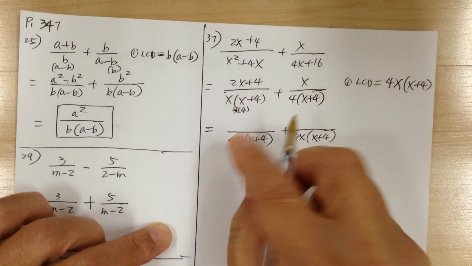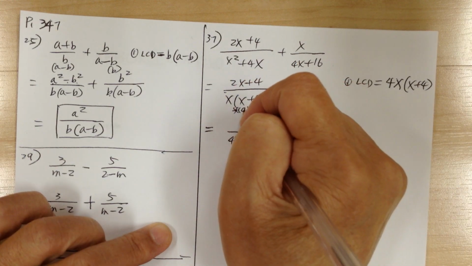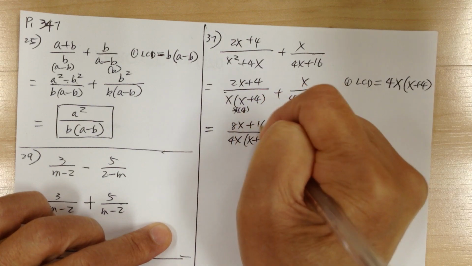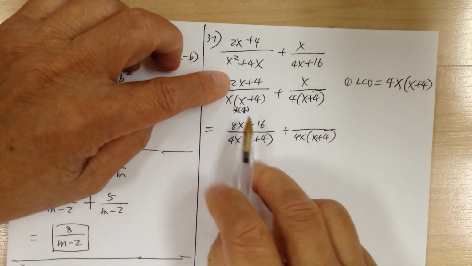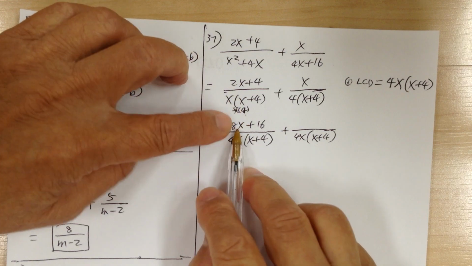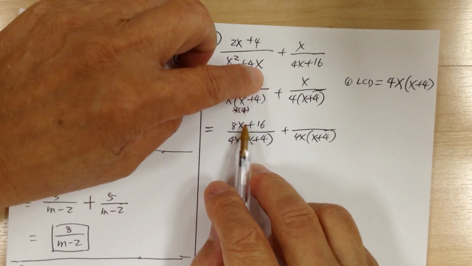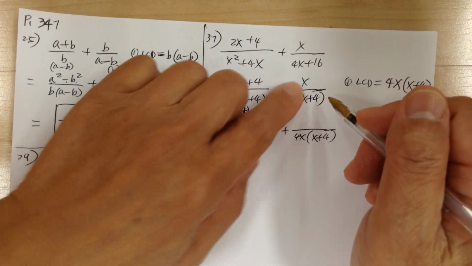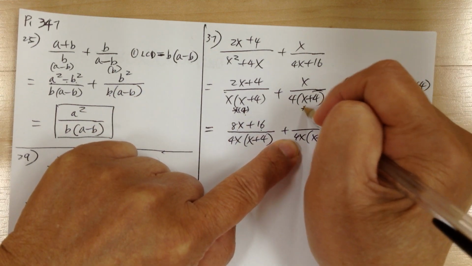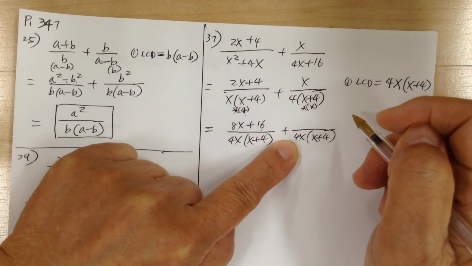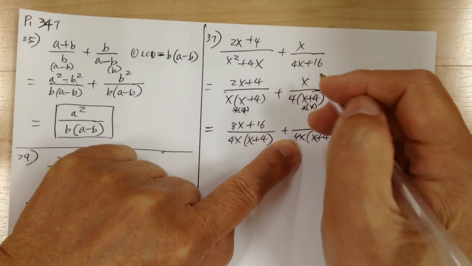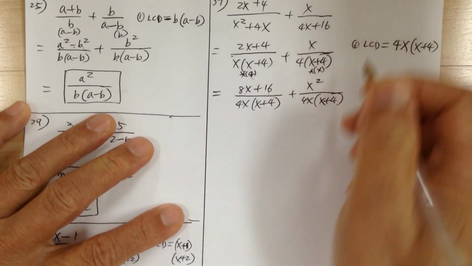So you're going to end up with 8x plus 16. You have to distribute, right? 2x times 4 gives you 8x, 4 times 4 gives you 16. This one, from here to here, you're missing the x, so x times x gives you x squared.